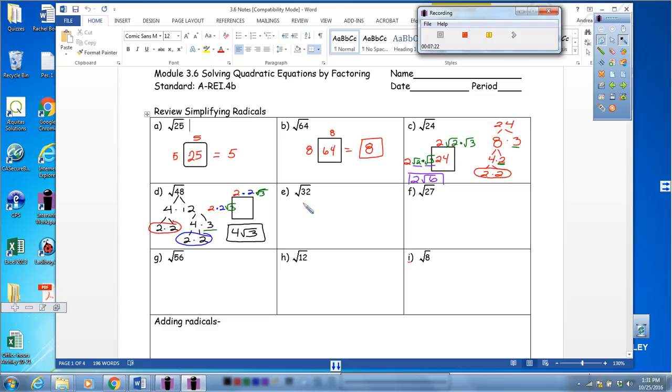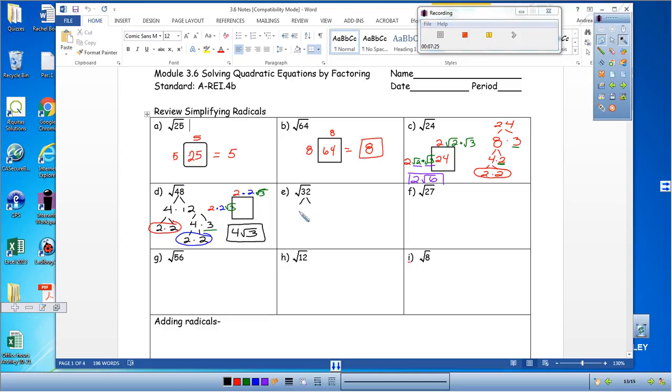Okay, so we should have gotten factors of this. Quiet, please. 8 times 4, 4 times 2, 2 times 2, and you have 2 times 2 over here. So I have a pair of 2's here, so it goes on the outside.